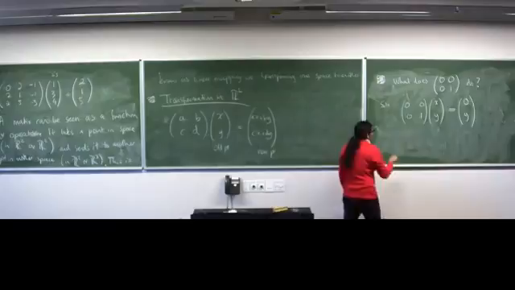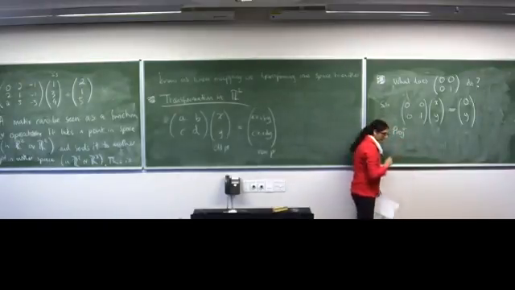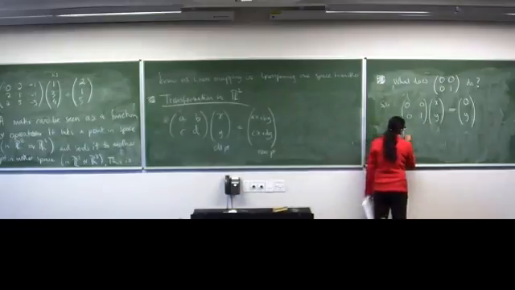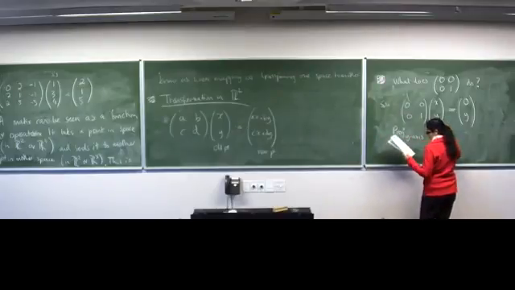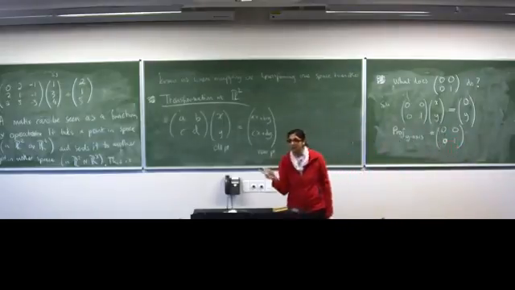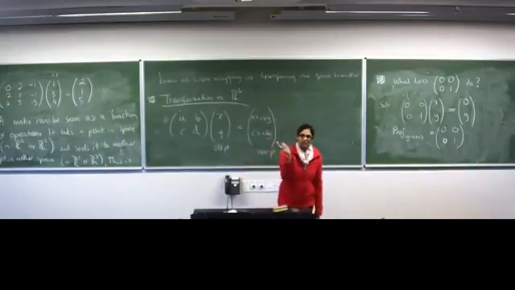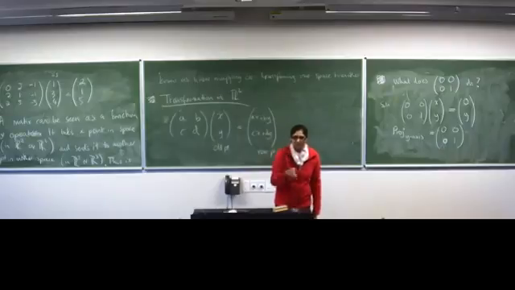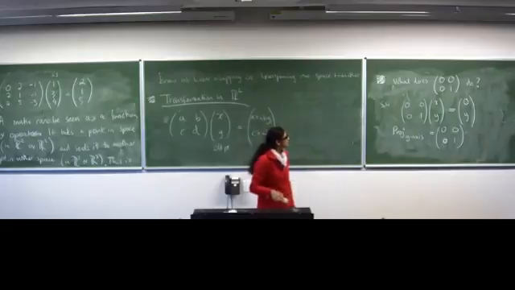So we call this the projection onto the y-axis. That is the operation. 0, 0, 0, 1. That's the operation that changes any point in 2D to that corresponding y entry on the y-axis. So it maps it onto the y-axis.